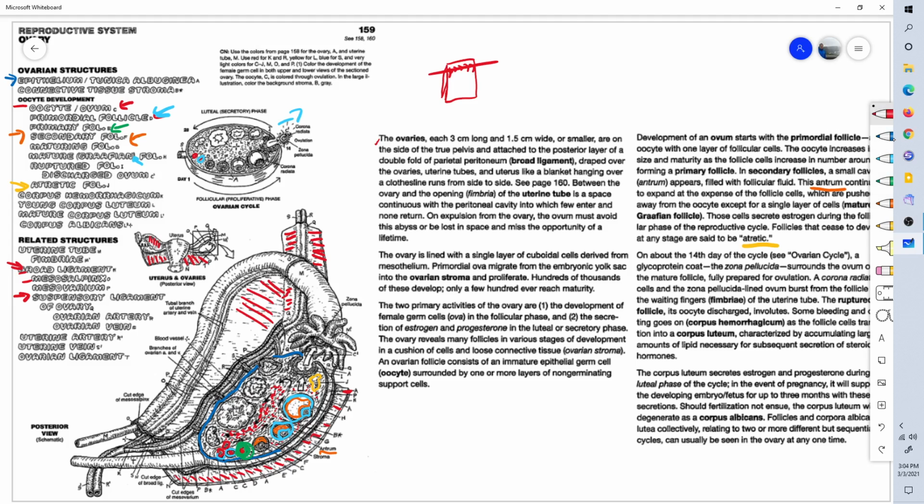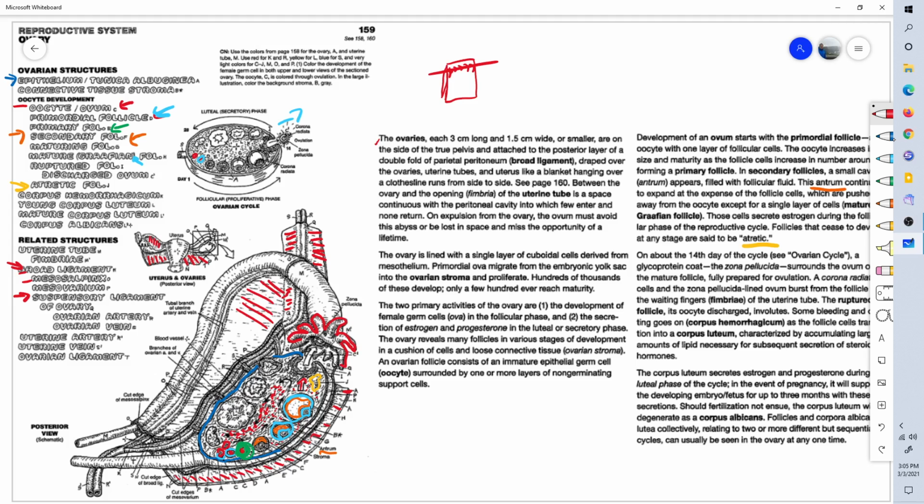But some do make it. And what happens is the follicle will go to the end of the ovary that is connected to the fimbria here, the fimbriae, these little finger-like projections of the fallopian tube, or uterine tube, and they reach out and grab the egg, or the ovum.